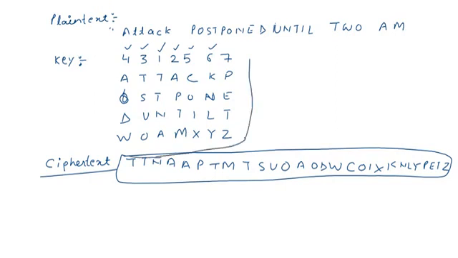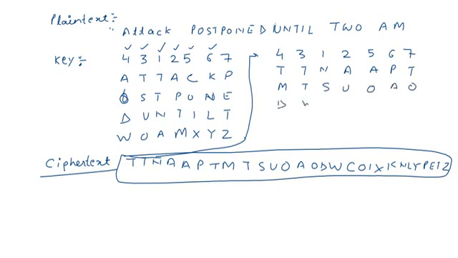So let me write it here. Again the key is 4 3 1 2 5 6 7, and I am going to write this: T T N A, P T M, then T S U O, A O D, W C, O I X K N L Y P E T Z. So this is the initial ciphertext, and now we will get the final ciphertext.